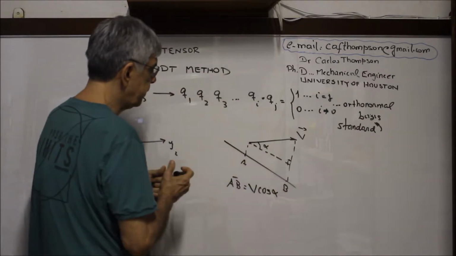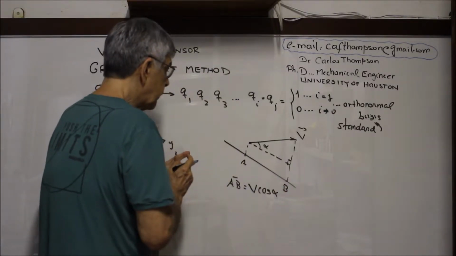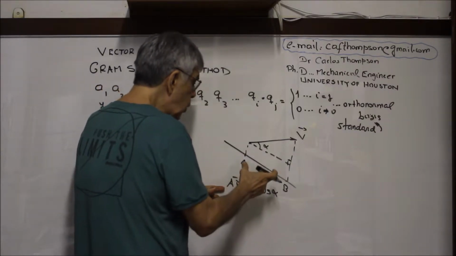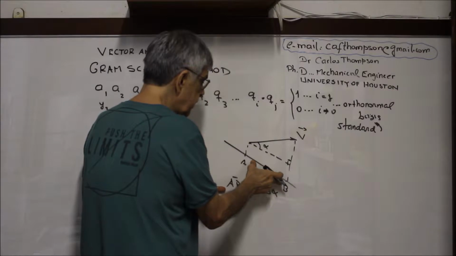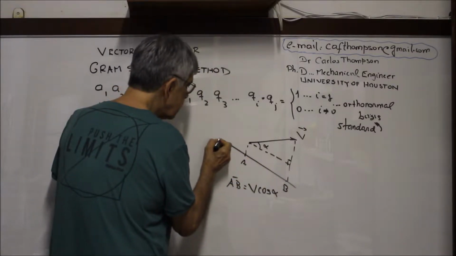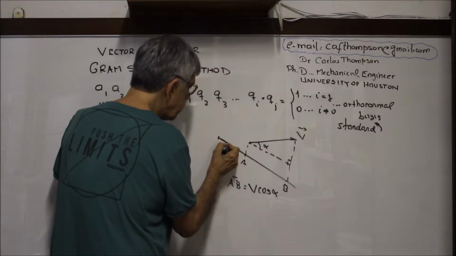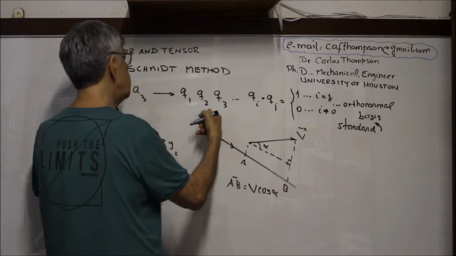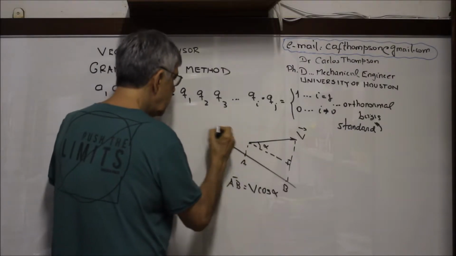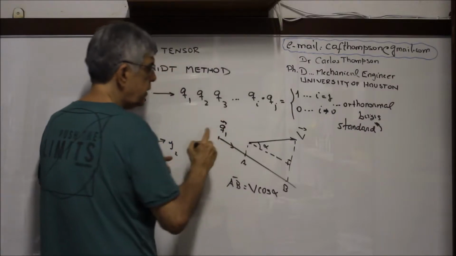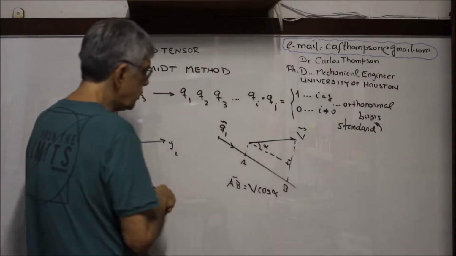Now, suppose instead of AB, we want a vector over here. Consider a unit vector here. Let's call it Q1 or Q2 or Q3. Let's say Q1. I'll put an arrow here just for you to explain.